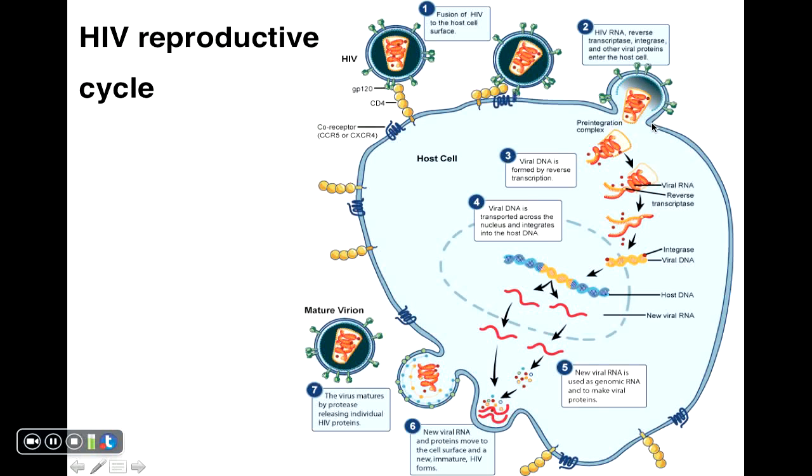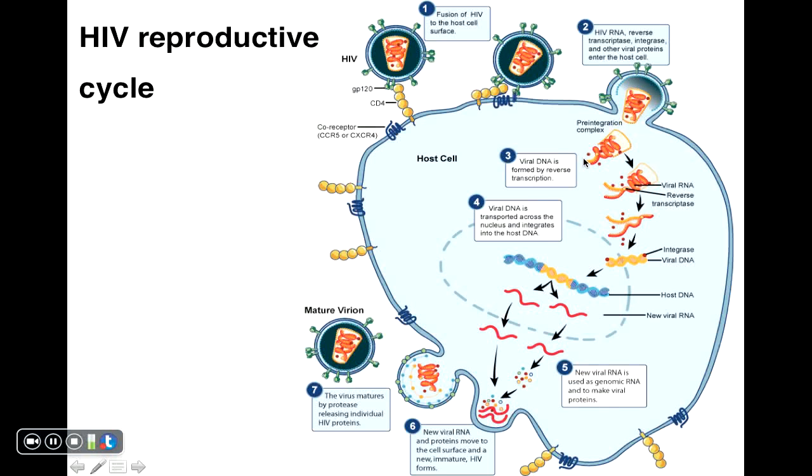So ultimately, HIV fuses with this T cell here, releasing its capsid and all of its contents into the living host cell. The next thing that occurs is the capsid is broken down, so the capsid is disassembled, releasing the viral RNA as well as those enzymes that we mentioned previously, namely reverse transcriptase and integrase.